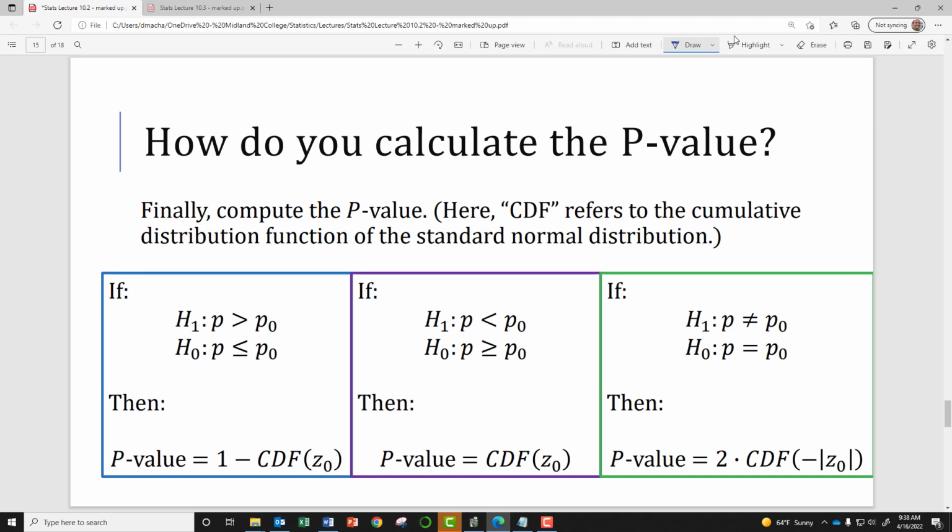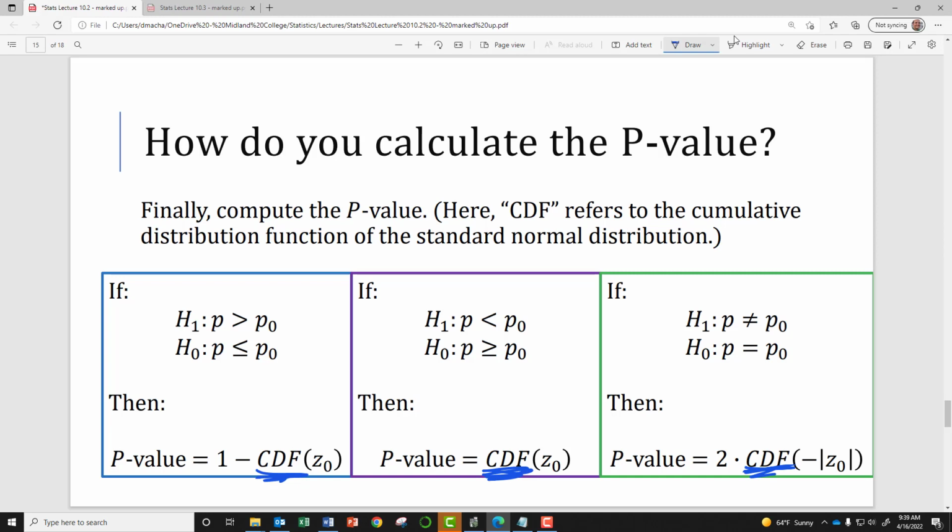And then there's still more steps here. We're finally ready to compute the p-value. Below, whenever we use this CDF, that CDF refers to the cumulative distribution function of the standard normal distribution. And so we have three different cases, three different types of hypothesis tests we might see.